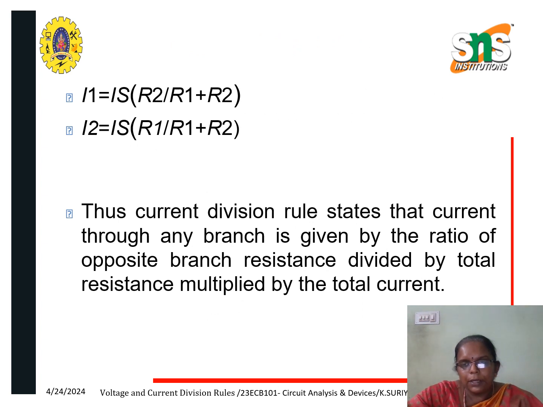In order to find the current, we can write I1 is equal to total current IS into opposite resistance R2 divided by the sum of the resistances.